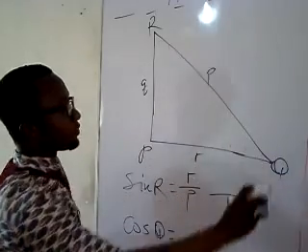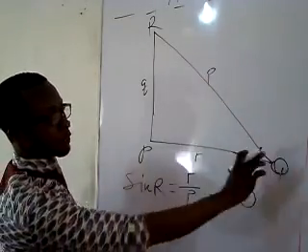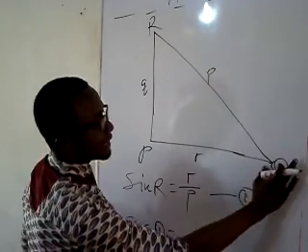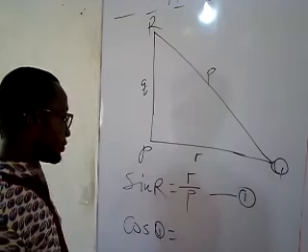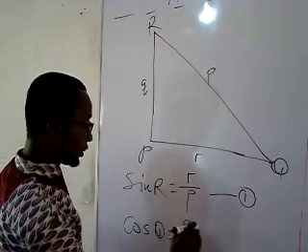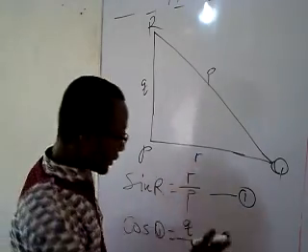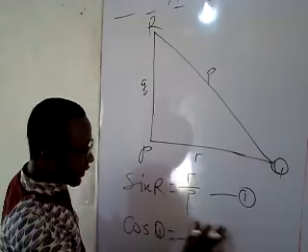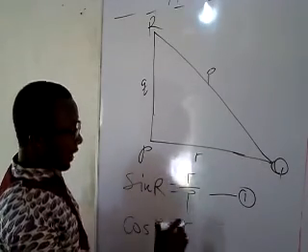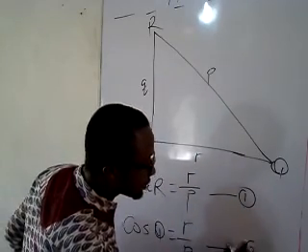We have QR as hypotenuse. We also have PQ as adjacent. We are taking the angle at Q. So cos Q will be equal to, cos is adjacent over hypotenuse. So it will be R over P. And I'll name this one also as equation 2.